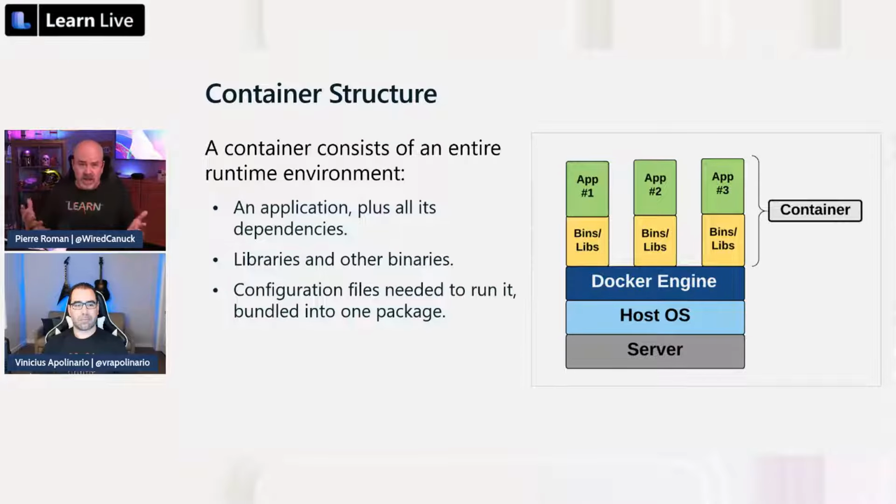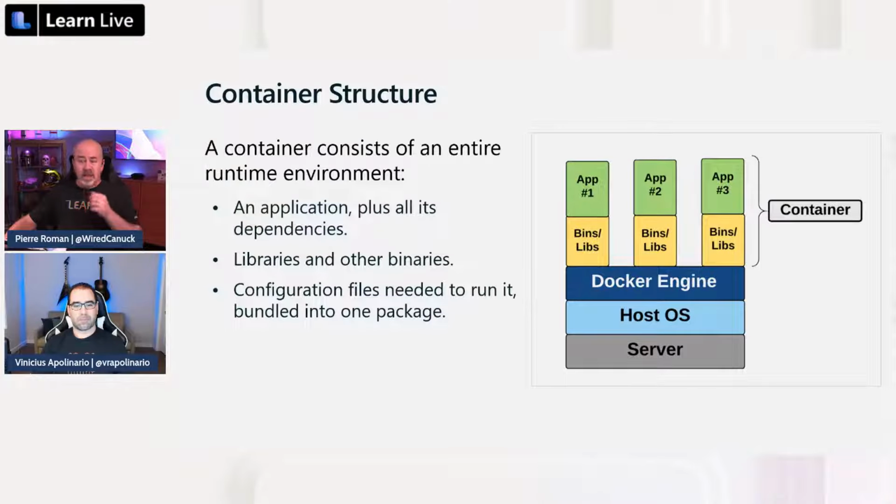So theoretically, one can affect the other because they are sharing a common structure. Of course, there are guardrails to avoid that, and there are ways of isolating those containers. However, this is not something we're going to go through in detail in this particular session.